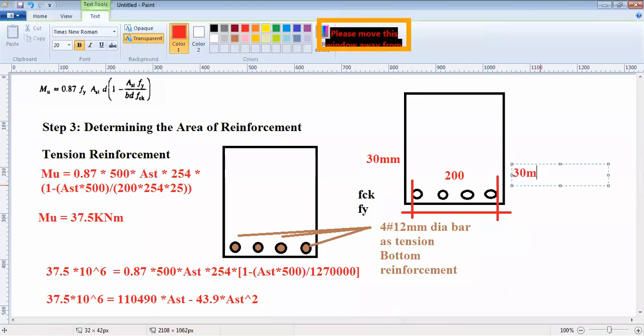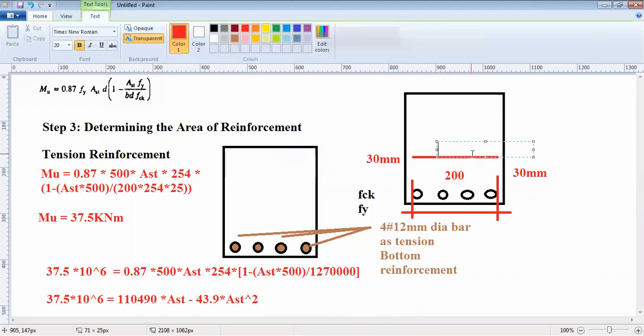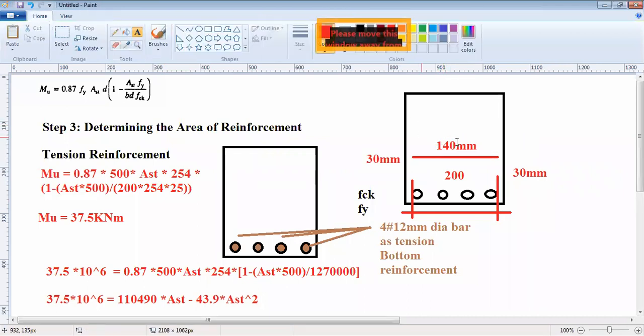This is also 30 mm. So now how much remains in between, from this point to this point? 140. I am asking small things also, because I want to see whether you are doing this or not. This is 140 now.